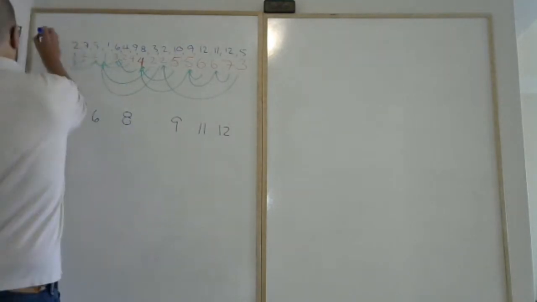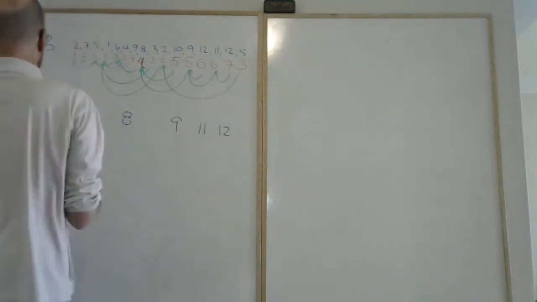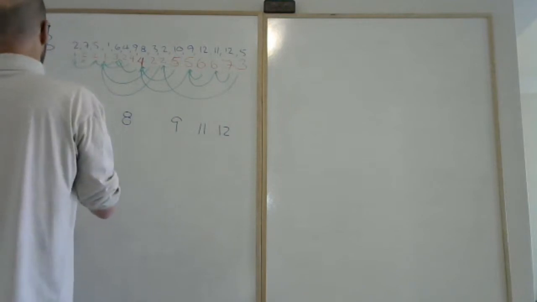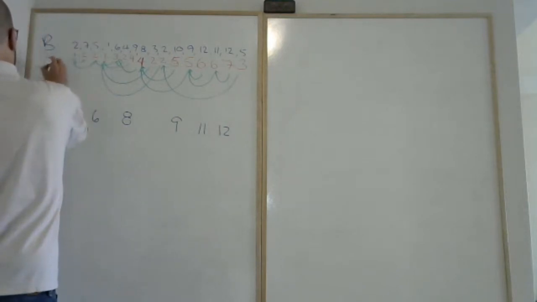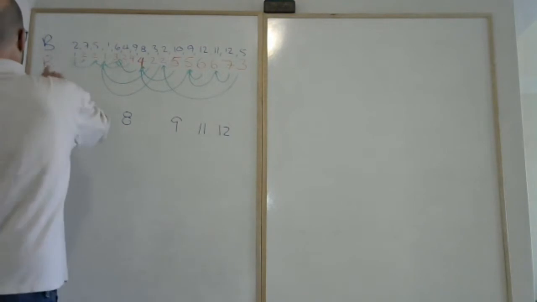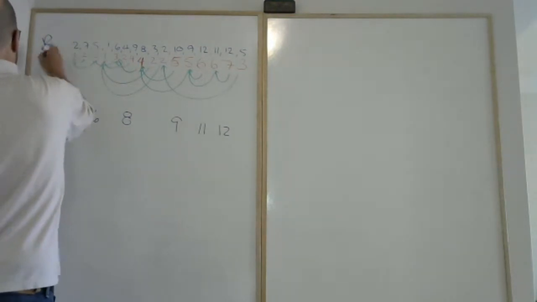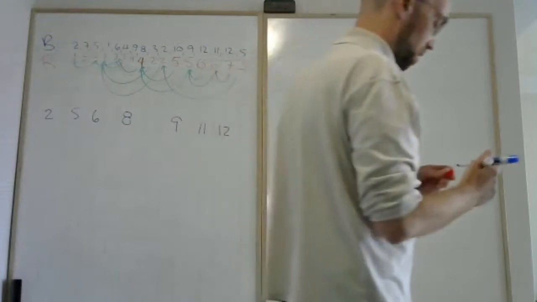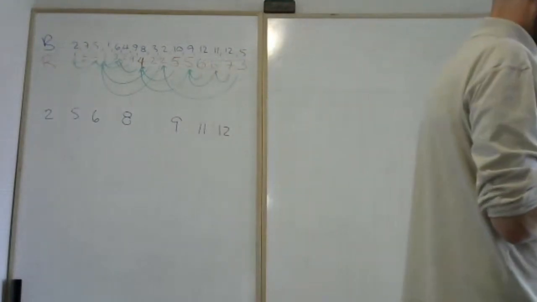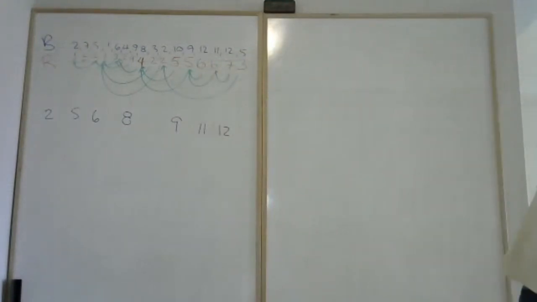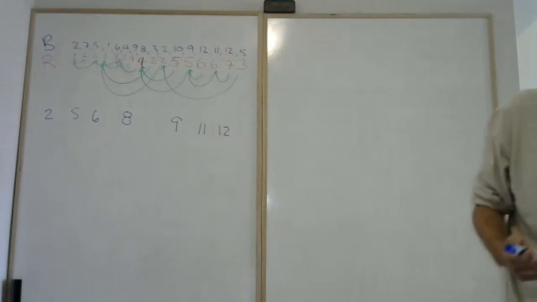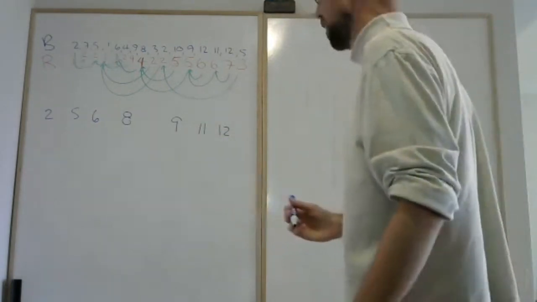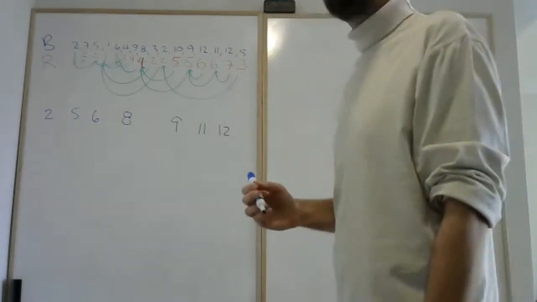B, yeah, B for blue, and the red array is going to be R. What a mess. Okay, B and R. We're given B as an input.